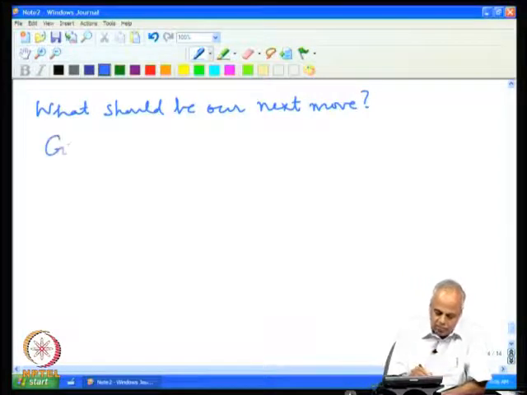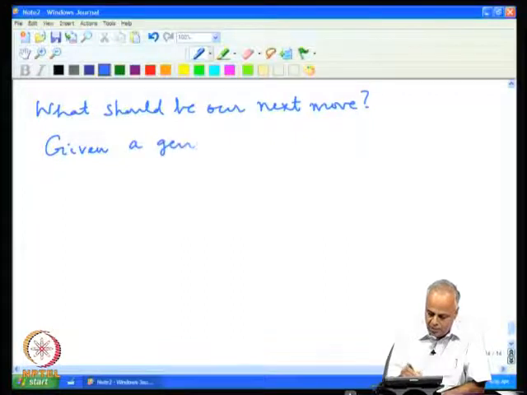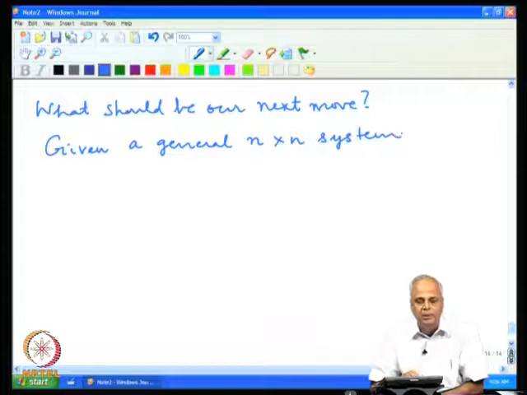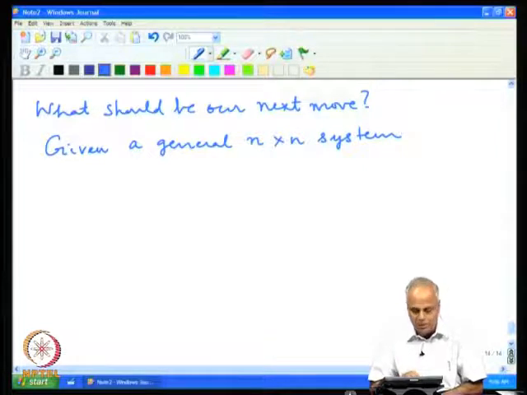So, given a general n by n system, let us stick to n equations in n unknowns, the easier version.